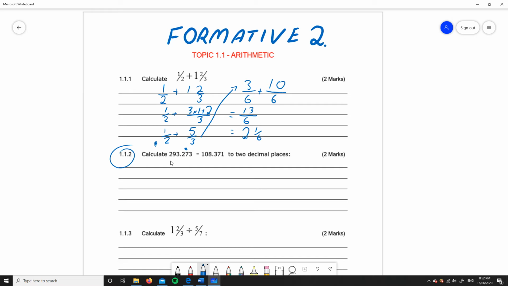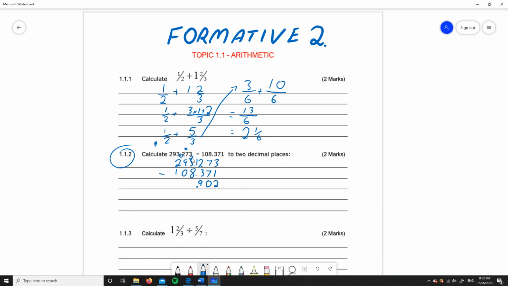Again, writing it down in an easy to work with format, making sure that I align my decimals. 293.273 minus 108.371. 3 minus 1 will give me 2, 7 minus 7 gives me 0, 2 minus 3 I can't do, so I will make that into a 2, borrow that 10, leaving me 12 minus 3 gives me 9.